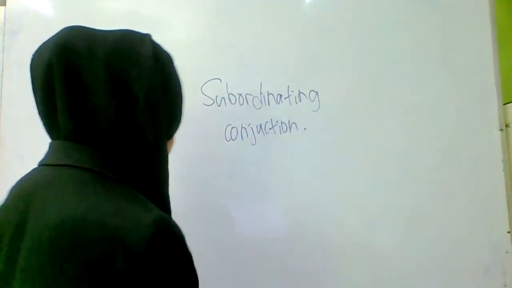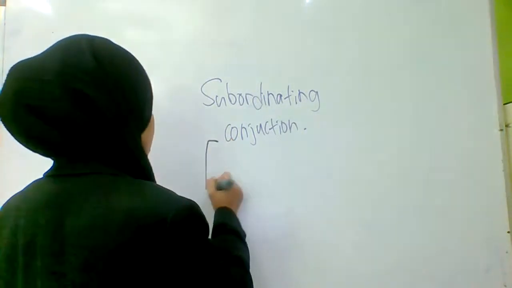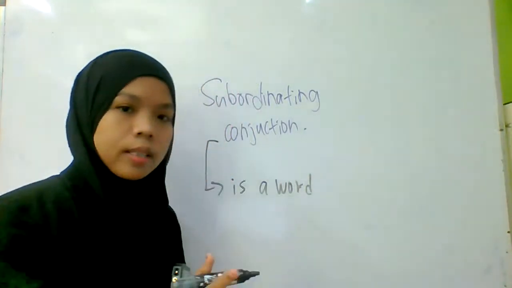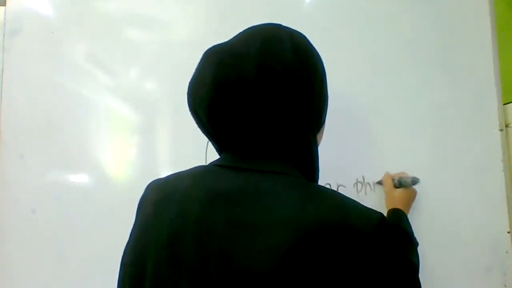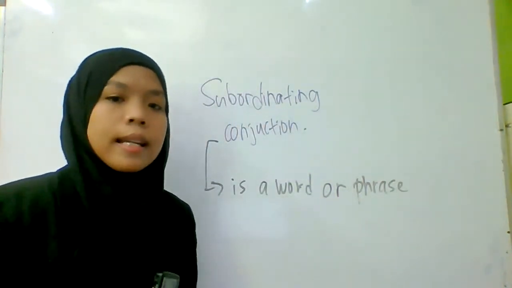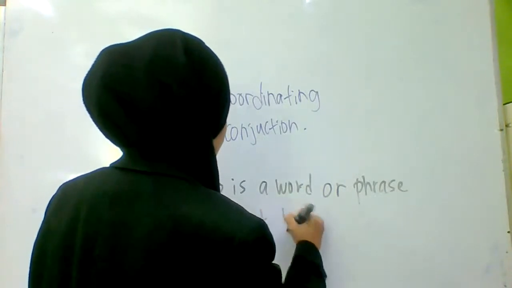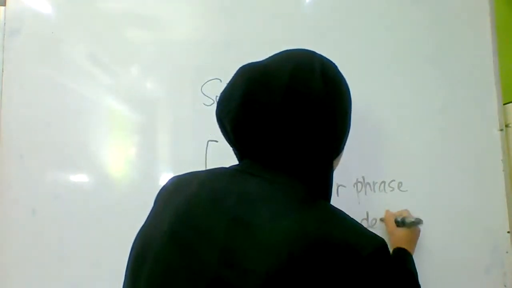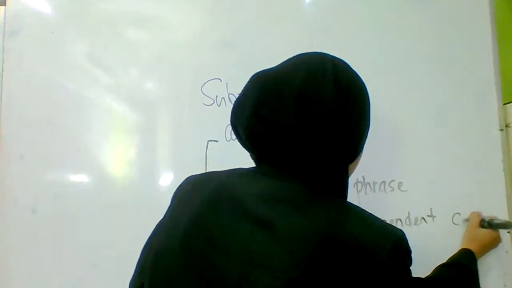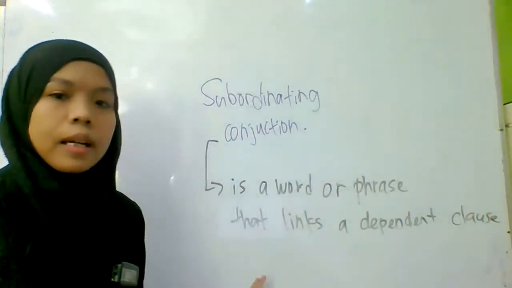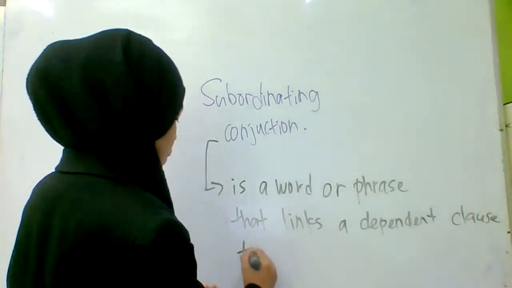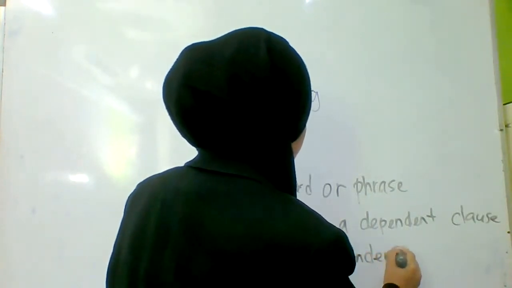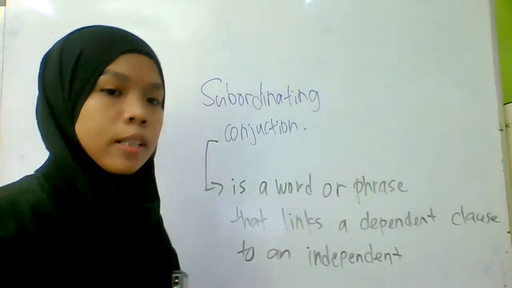A subordinating conjunction is a word or phrase that links a dependent clause to an independent clause. So these are the definition and the function of subordinating conjunctions.